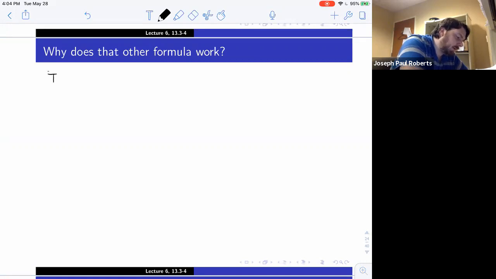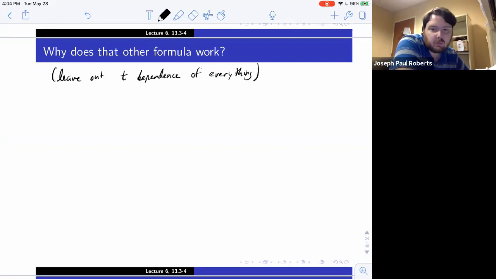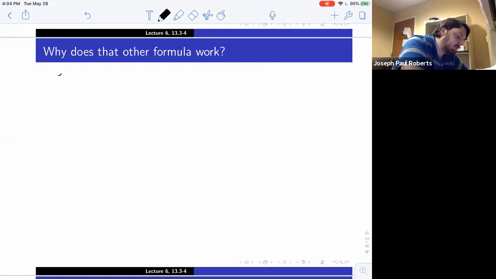So the first step is, I'm going to leave out the t dependence of everything, just to make it a little bit cleaner for what I'm about to write. So everything is a function of t.